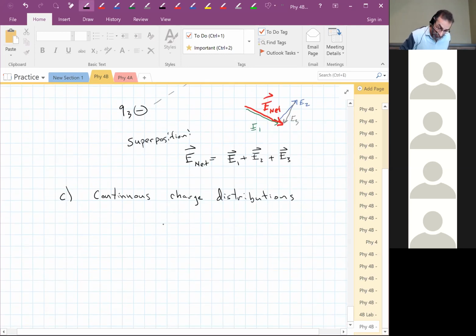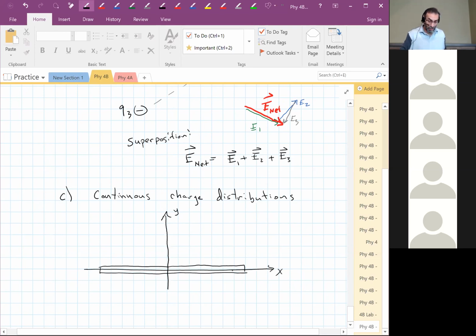We've got a rod here, and it has some length. This is going to be L over 2 and minus L over 2.